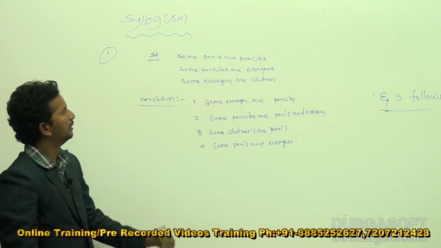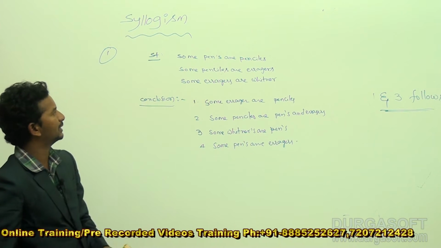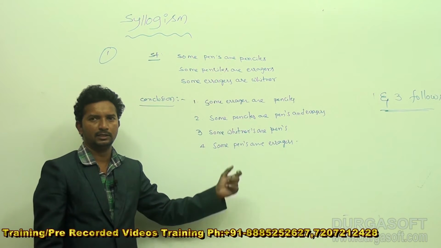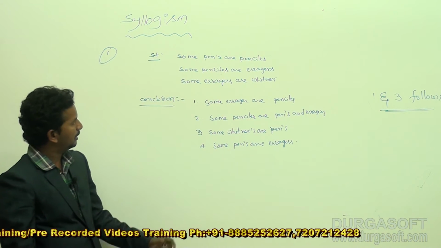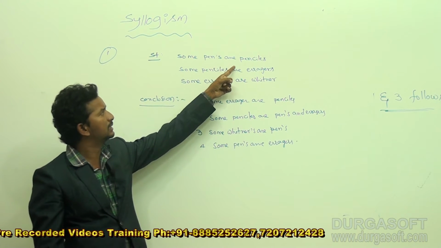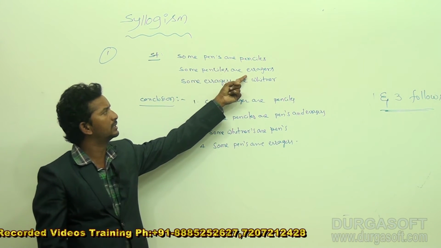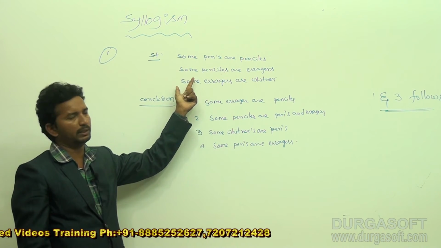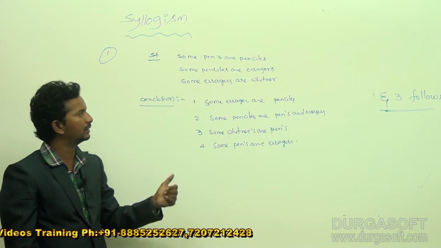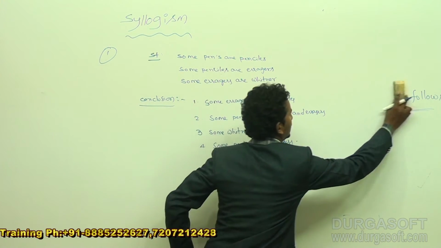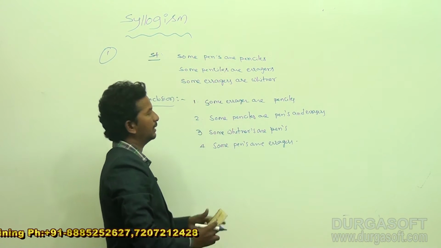Now this is my question number 1. The statement is given like this, and the conclusion is given like this. Now what to do? Some pens are pencils is given, some pencils are erasers is given, some erasers are whitener is given. First you read the statement and draw a diagram.